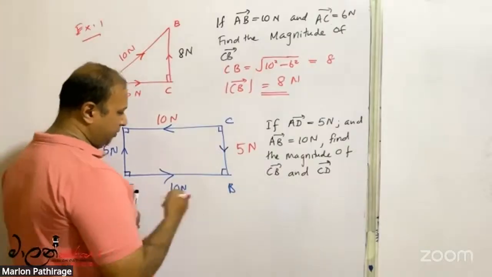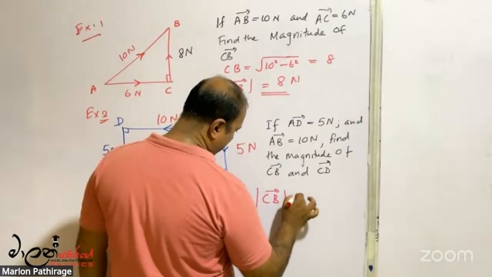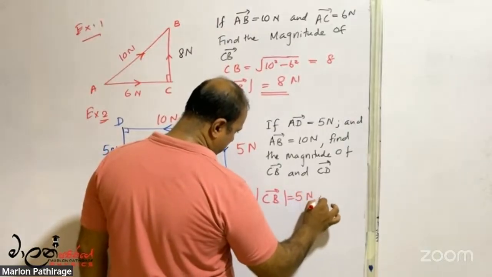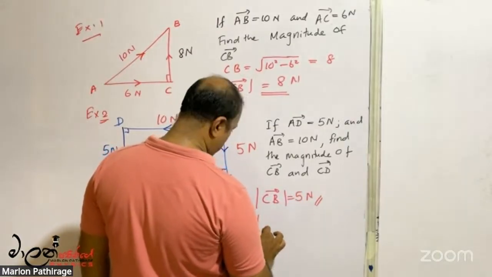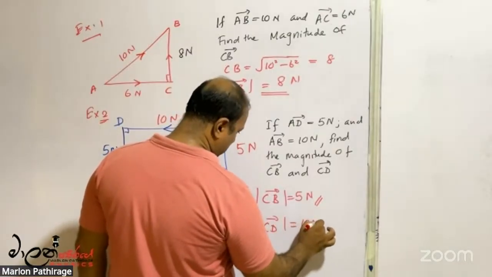Well, normally the magnitude of CB vector is 5 Newton. Magnitude of CD vector is 10 Newton.